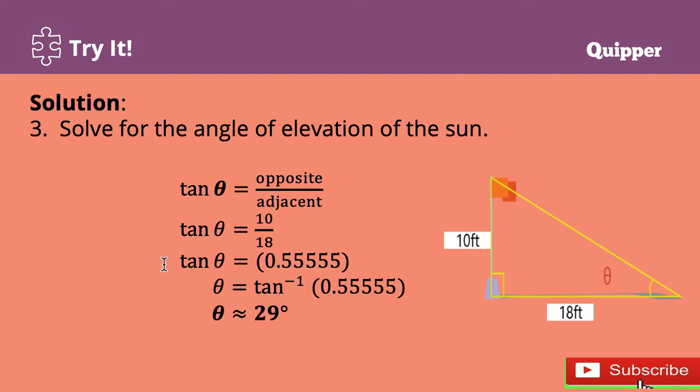So we have tangent theta is equal to 0.555, but we are looking for theta. So we have to get the inverse of the tangent of 0.555 to get theta. Theta is equal to tangent inverse of 0.555. Using the calculator, theta is approximately 29 degrees. And that's the measurement of the angle of elevation.